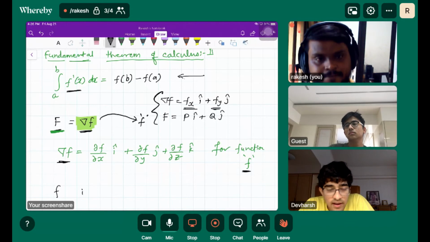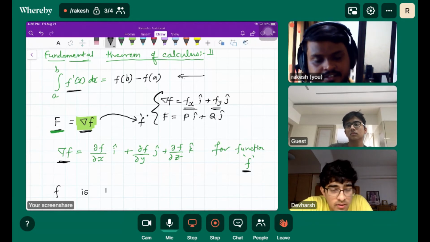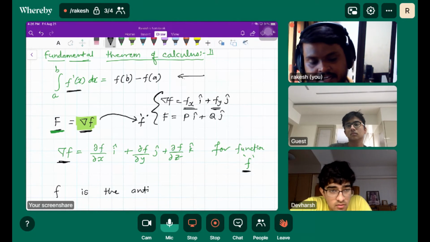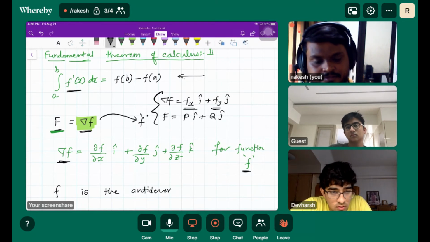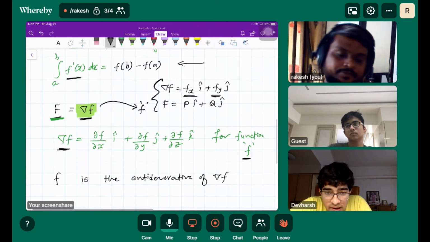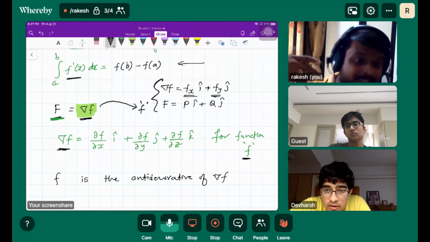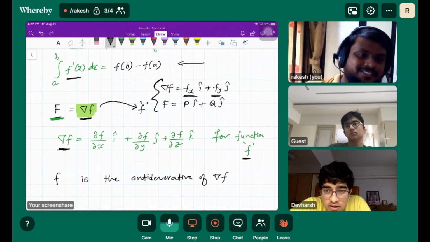It is the antiderivative of del f, right? So you have a way of getting back to f. That's what we require in this section.